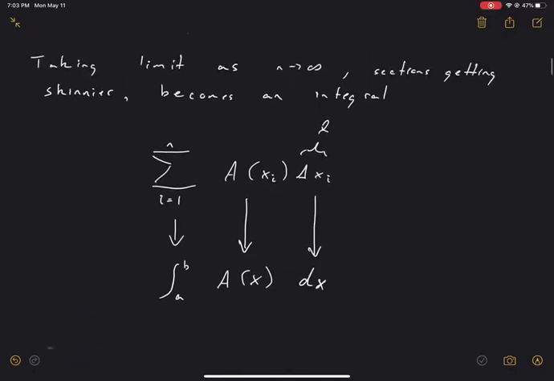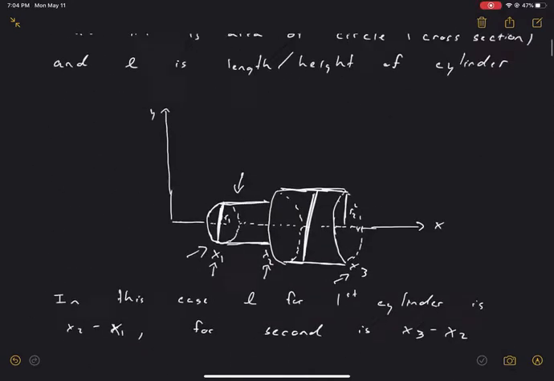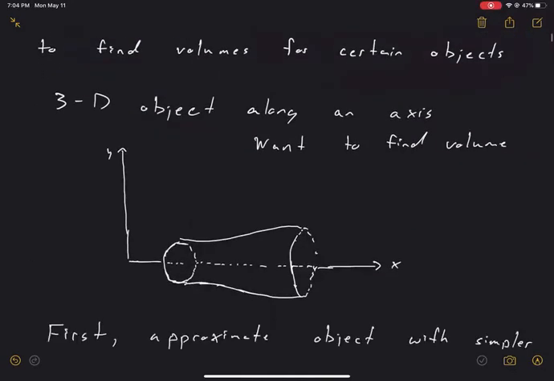Okay. So now let's recap what we have here. This A(x) is going to be the cross sections, the surface area of my cross sections. Going back up to this original object, I'm going to consider the cross sections of my object at each x. And these cross sections have area, right? And that area changes depending on x, right? If I'm looking at this cross section, that has some surface area.